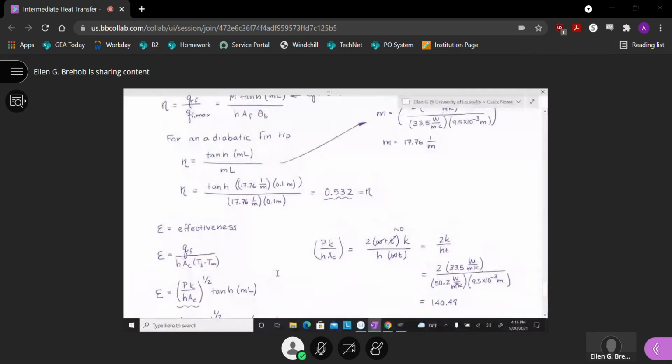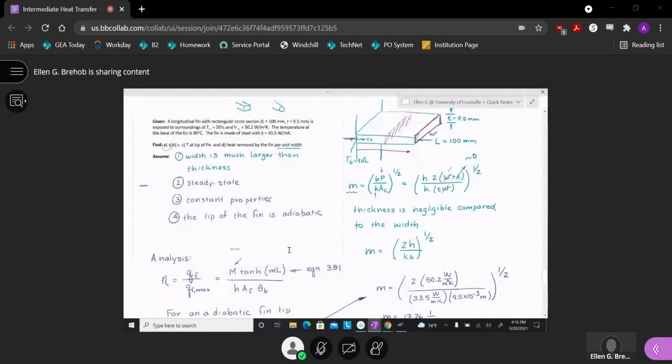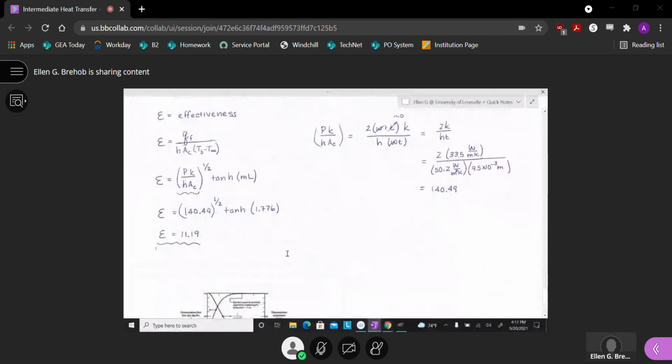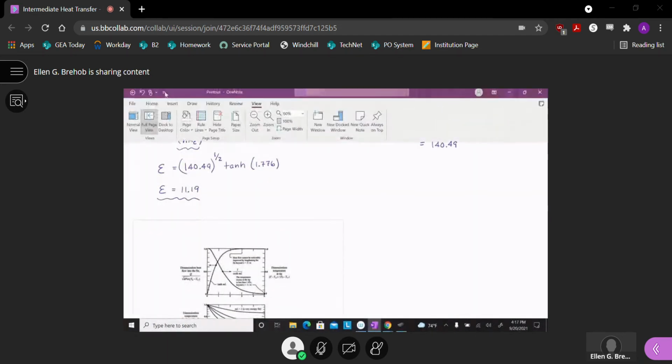Okay, the third thing said find the temperature at the tip of the fin. So that means we want to use the temperature profile.